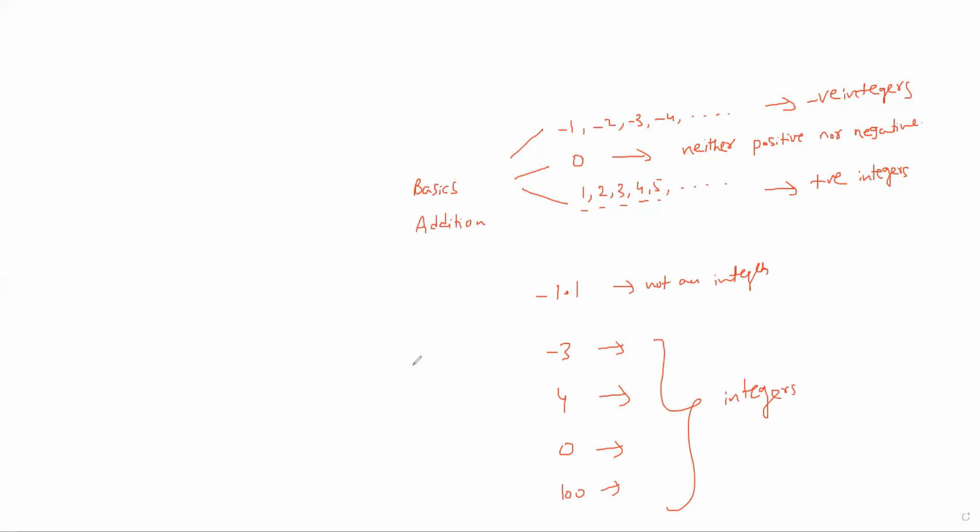So how many integers will be there? There are infinite integers because there is no limit to it. Now if you want to represent this on the number line, keep 0 in between.